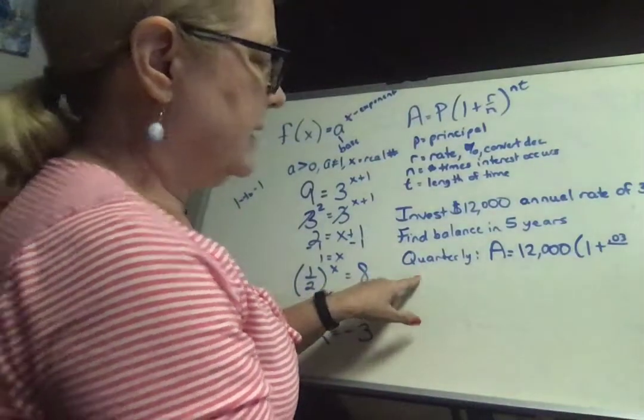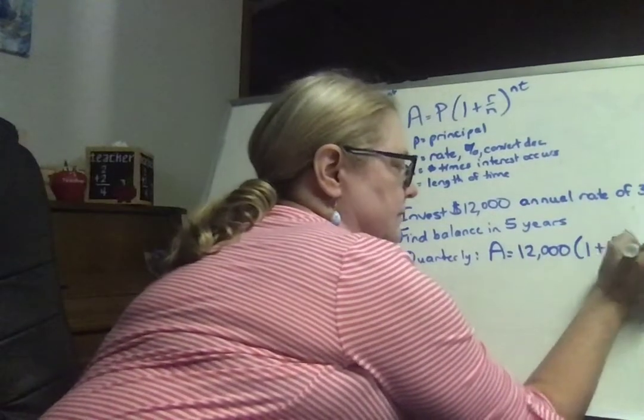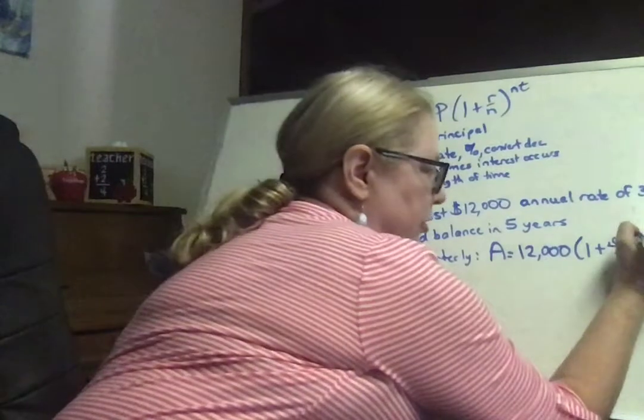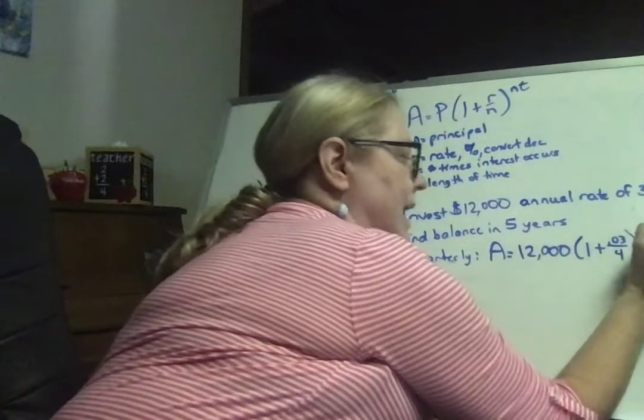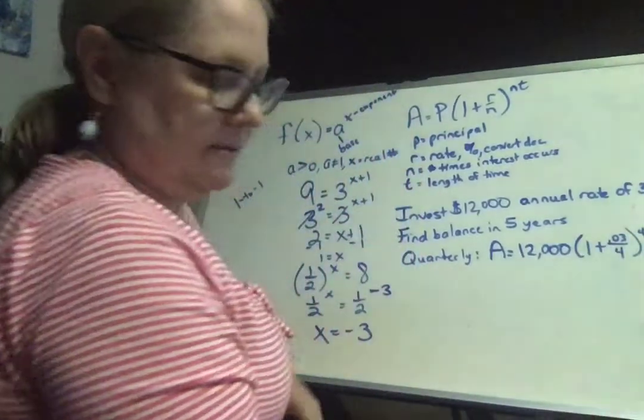How many quarters in a year? 4. And that 4 goes in the bottom, n, both places, times time, it says 5 years.